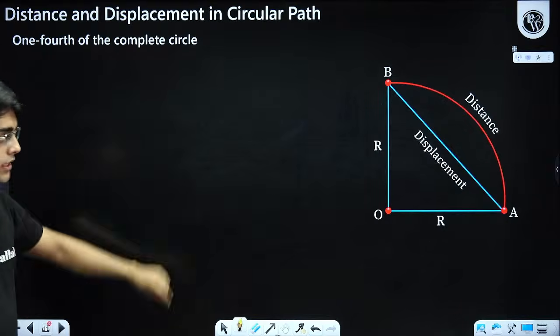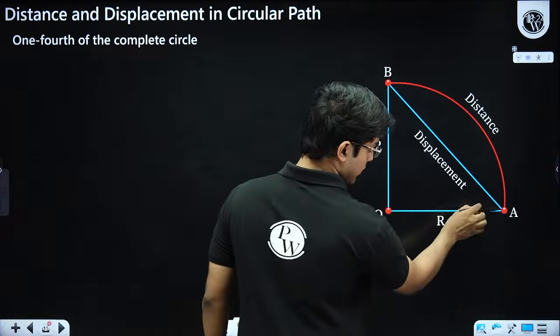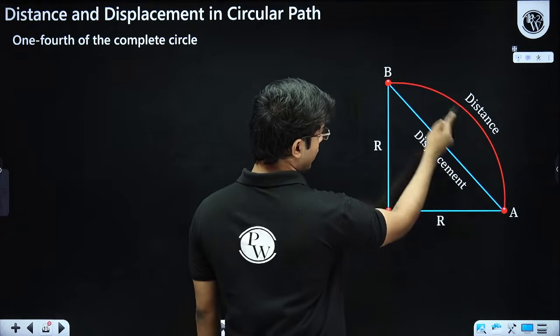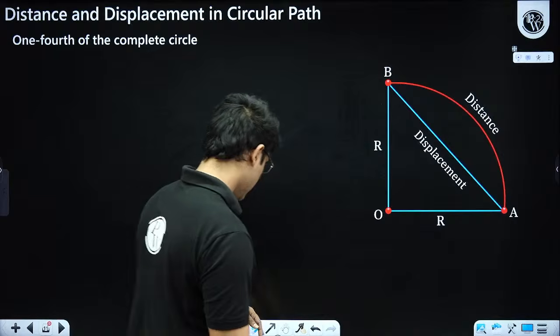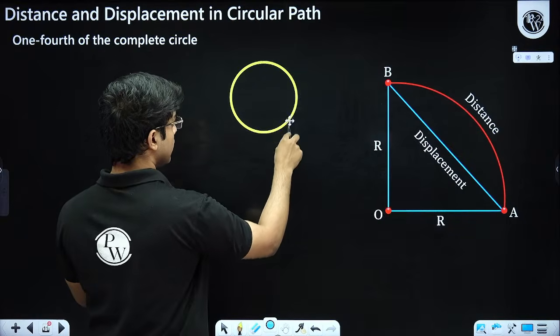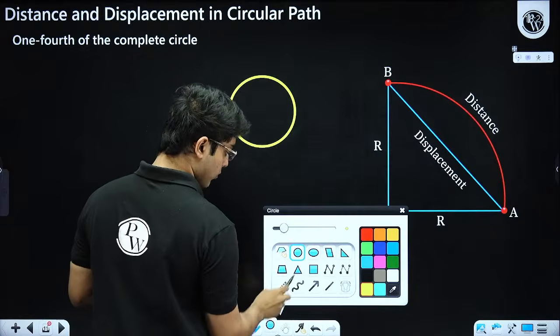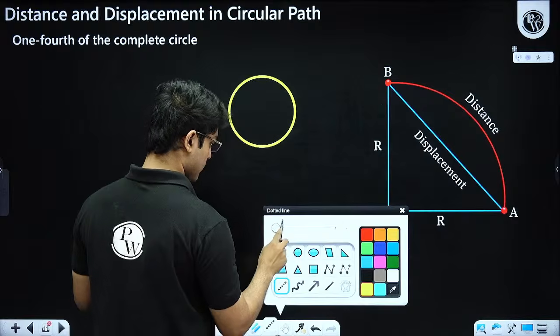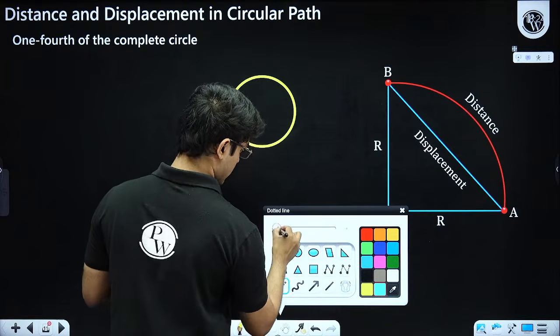We have motion in a circular path happening. So this is like a quarter circle. This AB is basically 1/4 of a circular path, right? So if I am drawing a full circle, this AB, you can think of it like this.